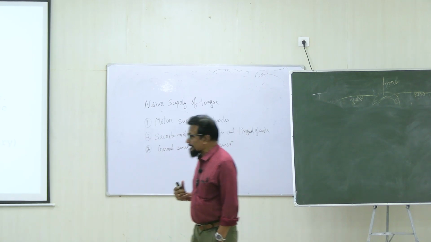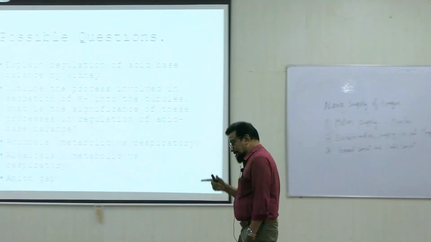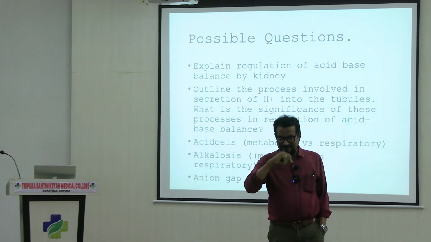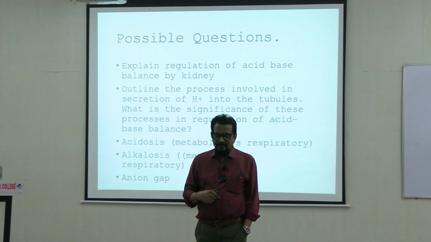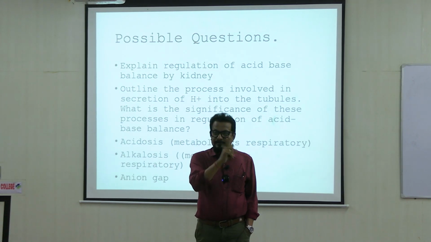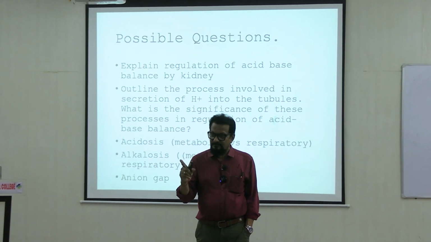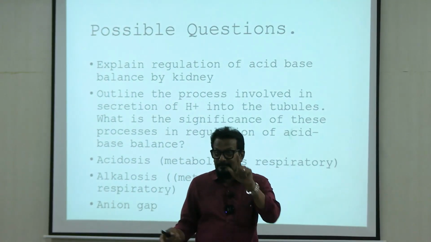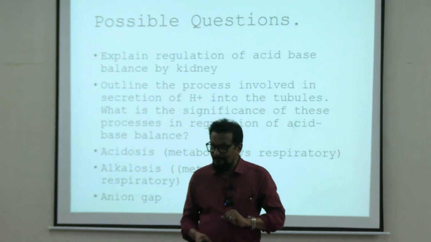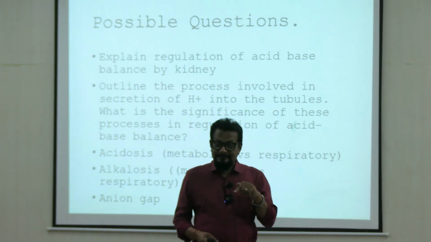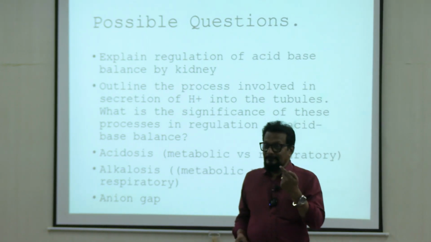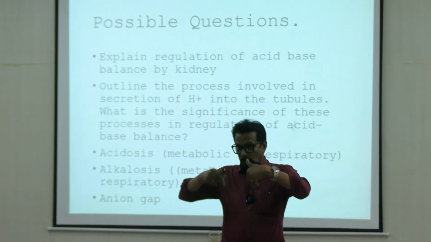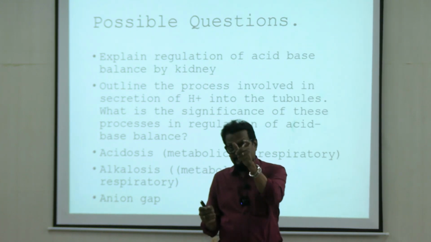What are volatile acids? Volatile acids are formed by carbon dioxide. When it joins with water, it forms an acid, H2CO3. And when it dissociates, it produces hydrogen ion. So by this mechanism, carbon dioxide is a volatile gas.